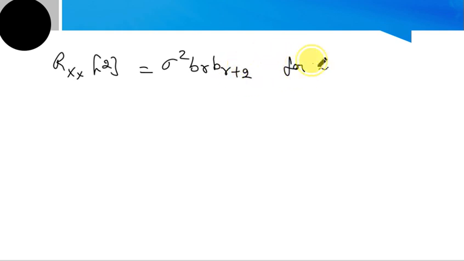Next, we need to find Rxx of 2. My Rxx of 2 is simply going to be sigma squared br into br plus 2 for r equal to 0. Because 2 minus 2 becomes 0, in the summation the top value is 0, the base value is 0.